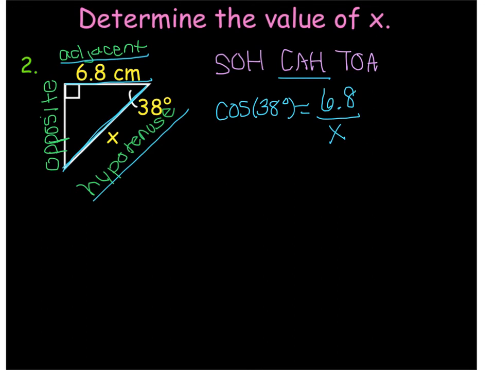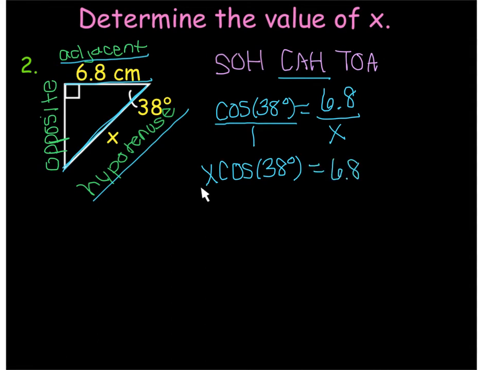And now I'm ready to put cosine of 38 degrees over 1. And next you cross multiply, so now we're going to do x times the cosine of 38 degrees. And that is going to be equal to 1 times 6.8, which of course gives you 6.8.